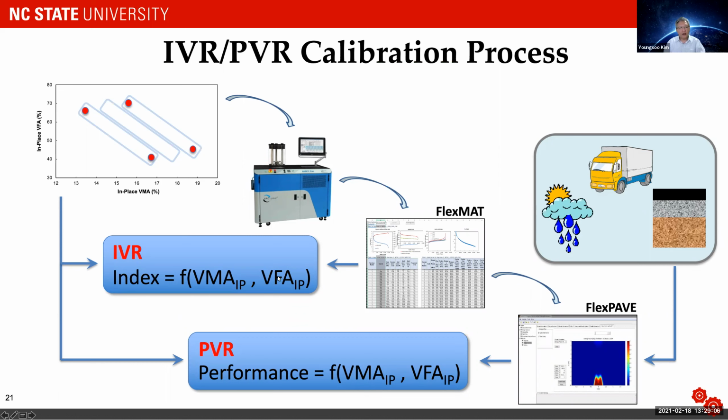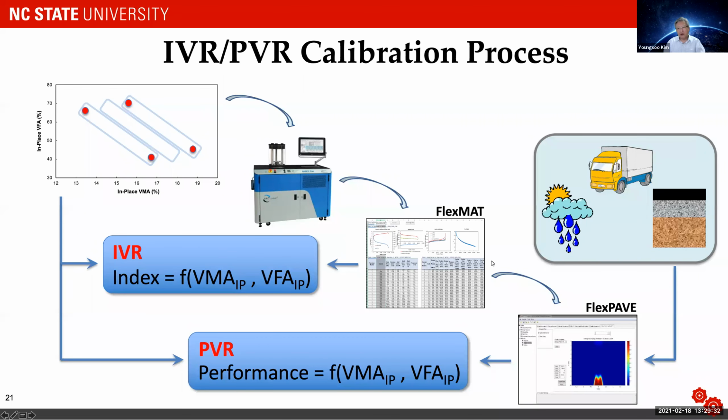Now with FlexMat, we get the index values directly without going to pavement analysis. So knowing VMA and VFA in place and performance from FlexMat, index values from FlexMat, I can develop IVR, index volumetric relationship. It's not shown here, but it's actually a linear relationship.